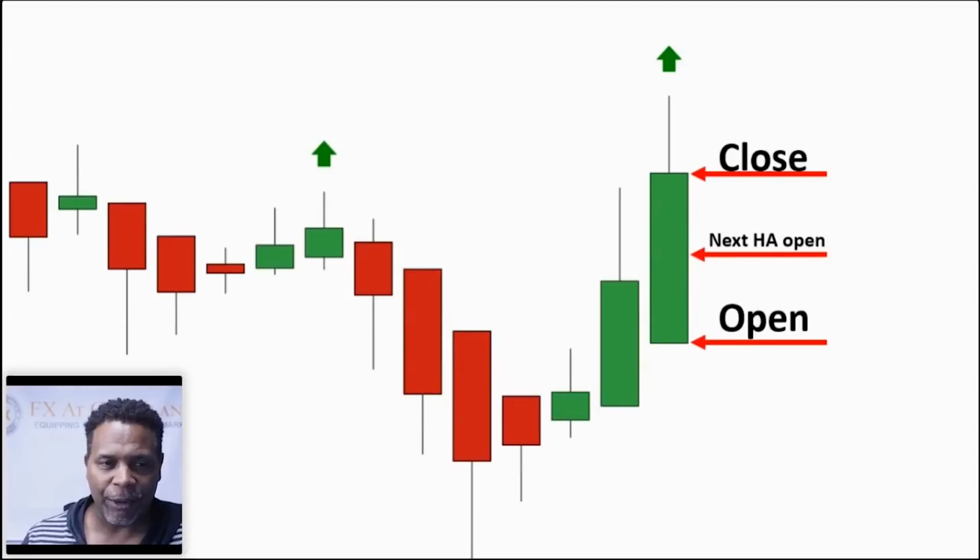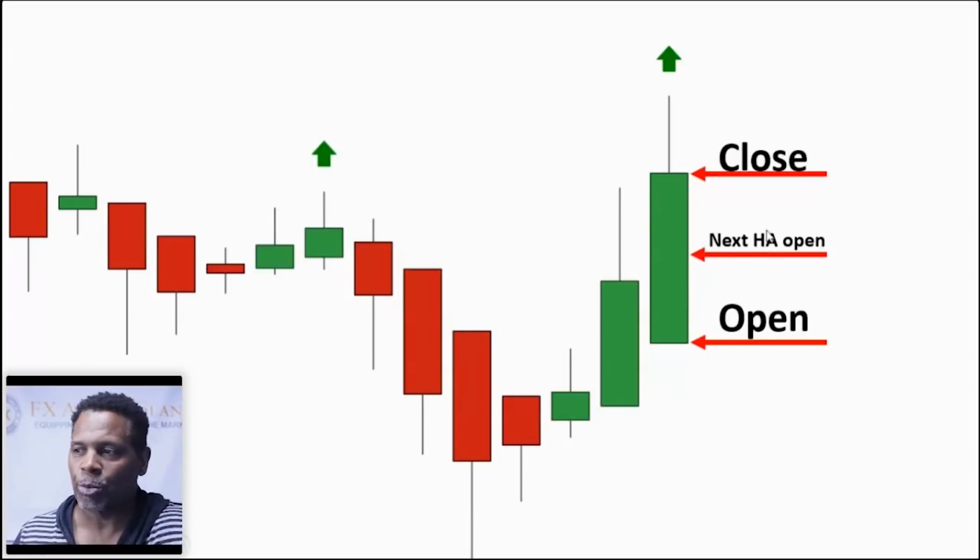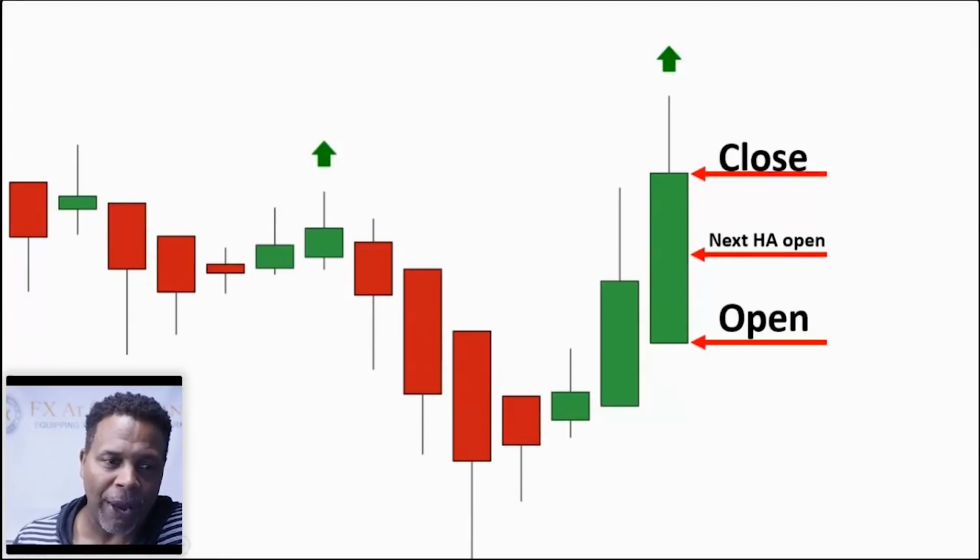The Heikin Ashi candlestick uses information from the previous candlestick to determine the current candlestick open. All right. So the Heikin Ashi open is determined by the average of the previous candlestick open and close price. So this open and close price will determine the next candle open. All right. This concept is what smooths out the price action and also slows down the market, helping to eliminate the whipsaws and false trading signals.